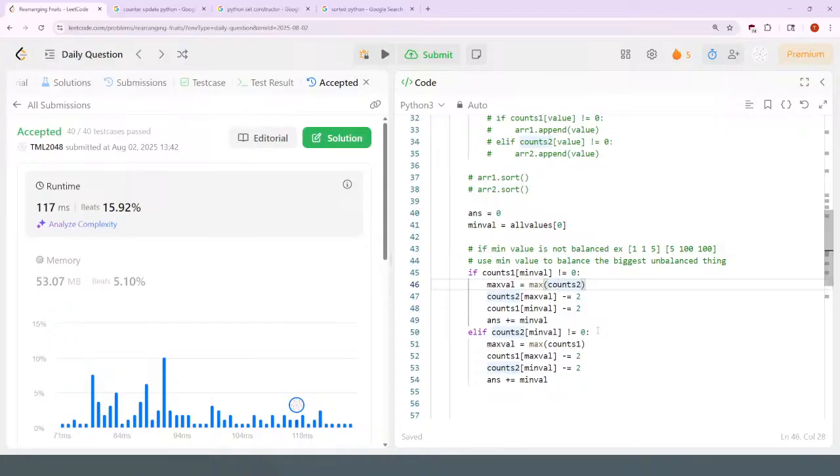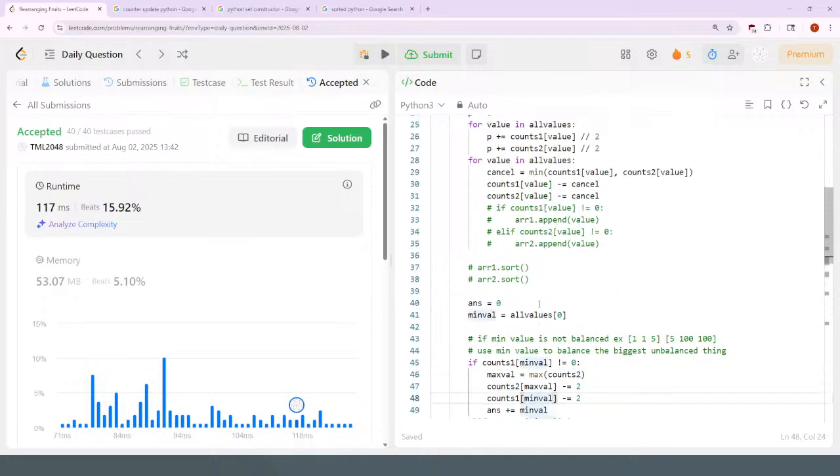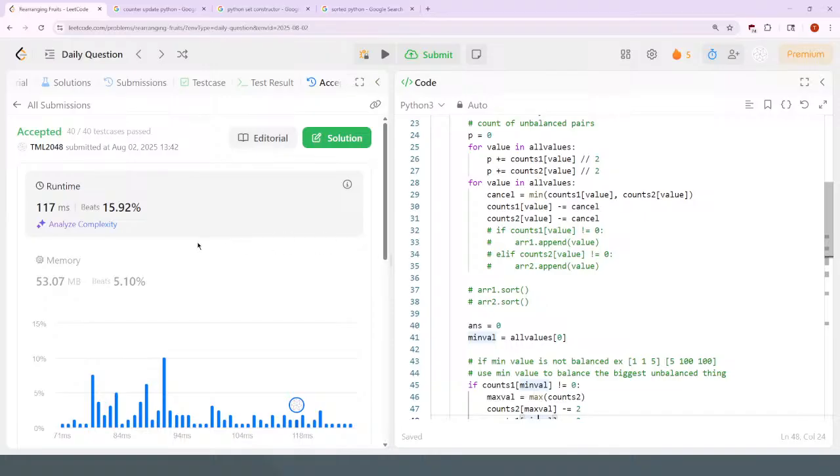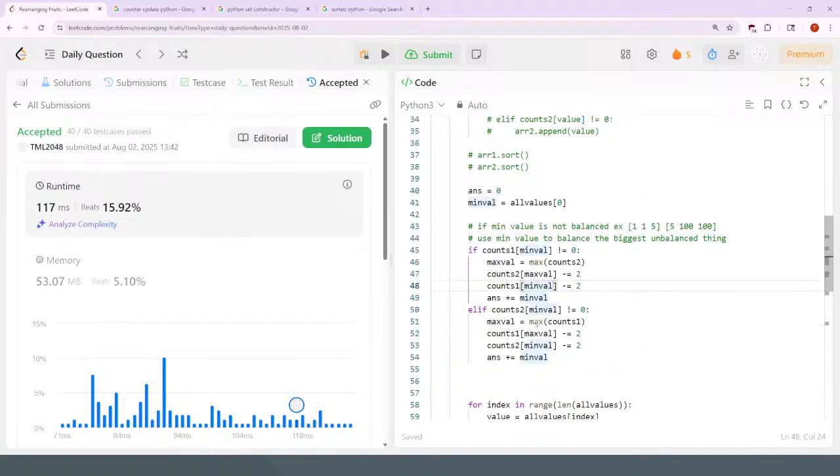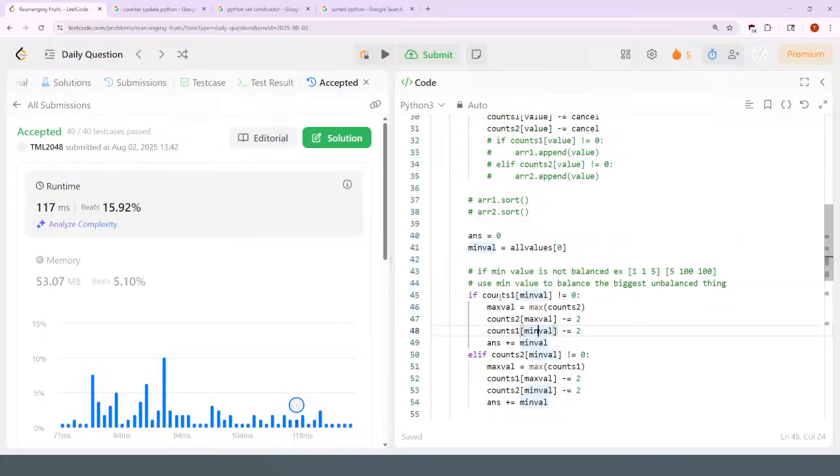Huh. Max. So if there's a min value here, counts 1. Actually, I'm not sure this is correct. How is this correct? Counts 1 doesn't equal, this thing doesn't equal 0.